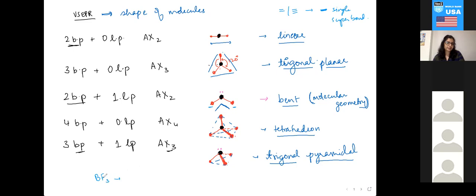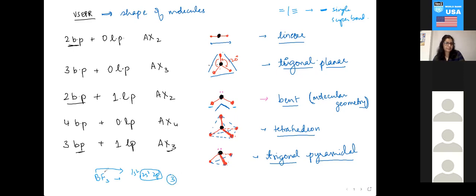Three. Boron's atomic number is 5, so the configuration is 1s2, 2s2, 2p1. You count the second shell: 2 plus 1, 3. Now the formula is BF3.